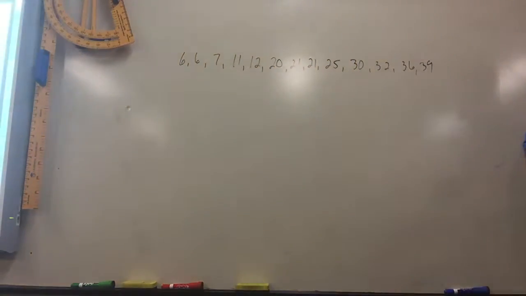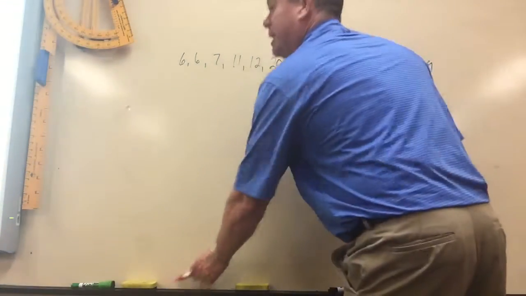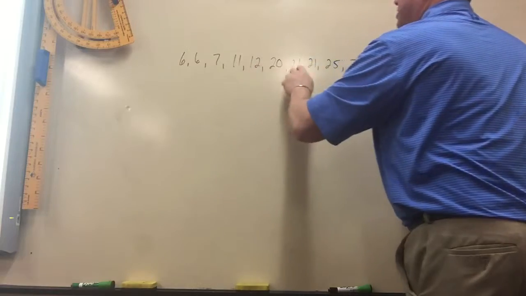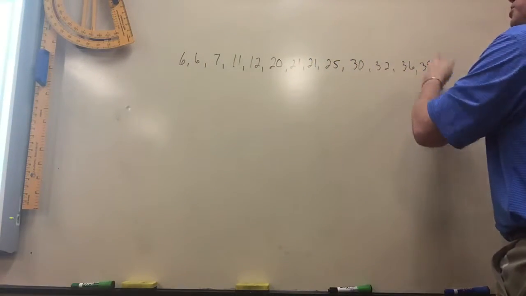Okay, so if we had this list of numbers, the median, there's 1, 2, 3, 4, 5, 6, 7, 8, 9, 10, 11, 12, 13.